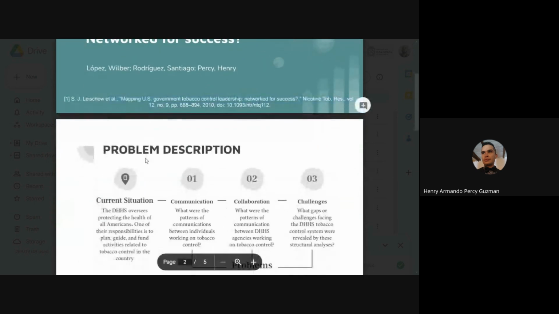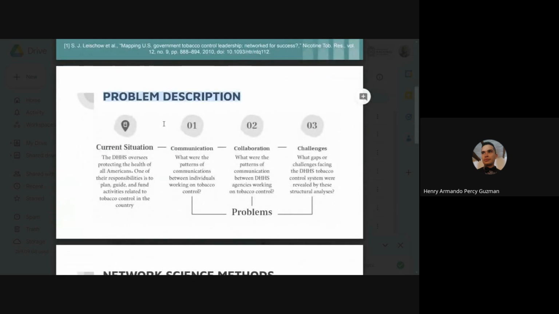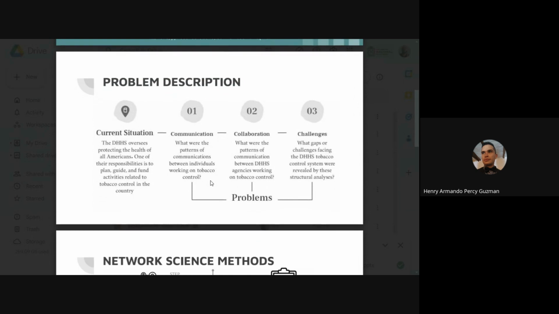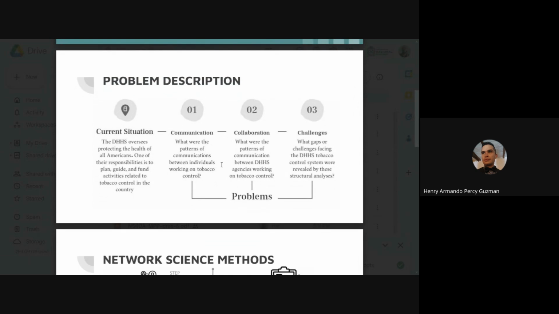The problem description, according to the authors: the Department of Health in the United States has as one of its biggest activities protecting the health of Americans. Part of the responsibilities are related to tobacco control. They established three big questions. One is communication: what were the patterns of communication between individuals working on tobacco control.